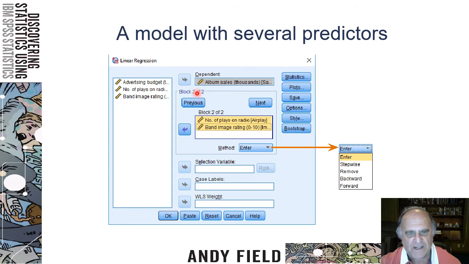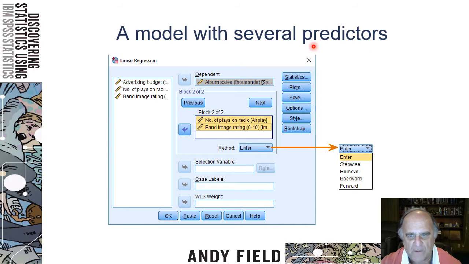Block 1 of the predictors was advertising budget. It was. So advertising budget was step 1, and now we're entering number of plays on the radio and band image rating. We won't really need to use the selection variable, the case labels, or the WLS weight.